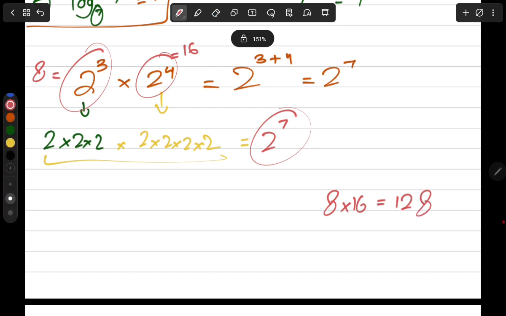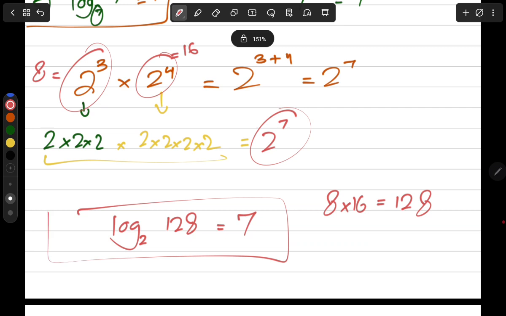Now ask yourself, what must 2 be raised to in order to produce an output of 128? Of course the answer is 7, right? 2 power 7 is 128. So we can write down that log 128 to the base 2 is 7.